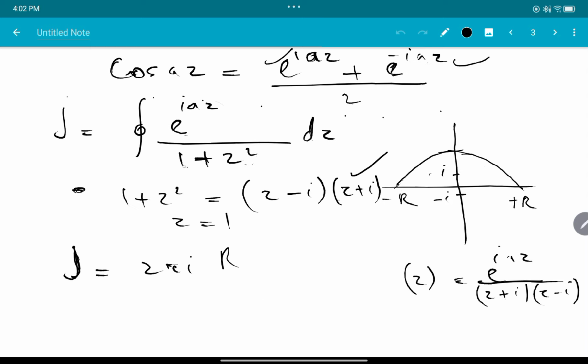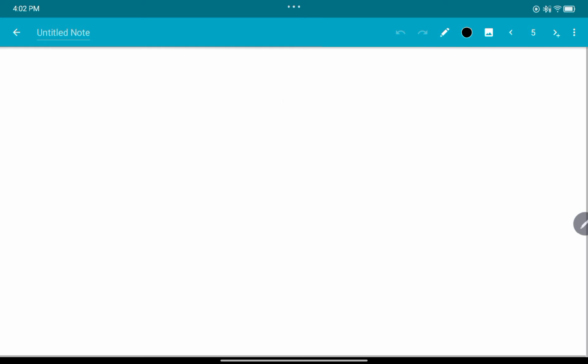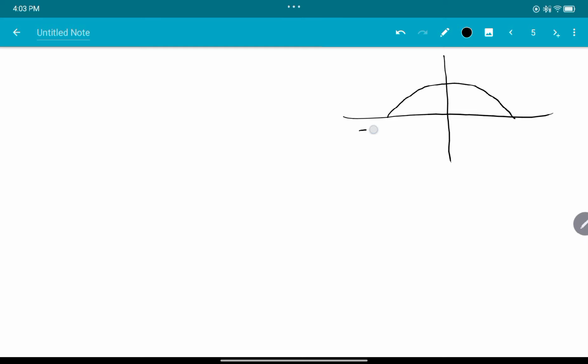So we are left with just one integral. Now let us finish this by redrawing this, minus r, plus r, with I here and minus I here. This was CR, and this was minus r.